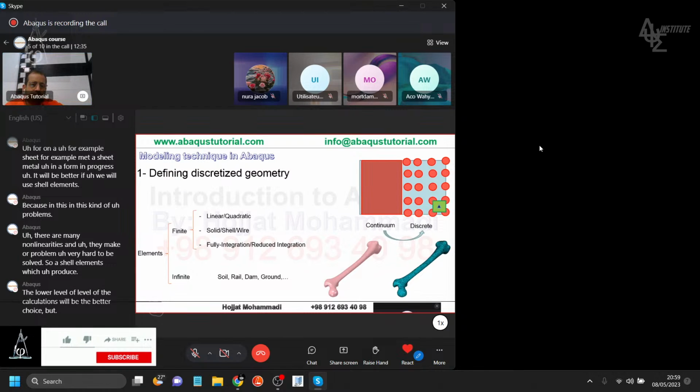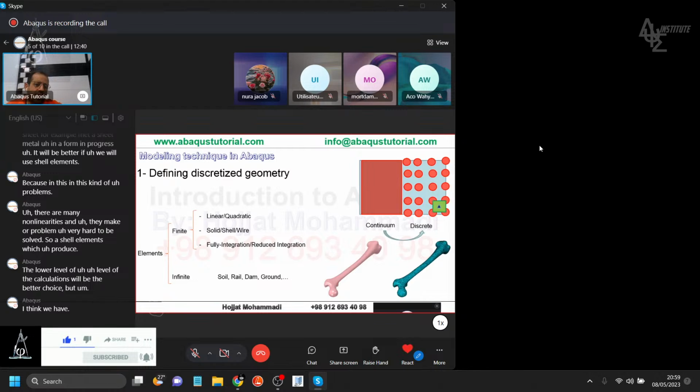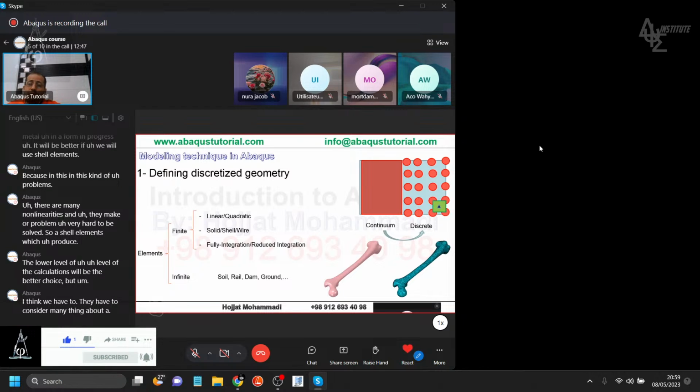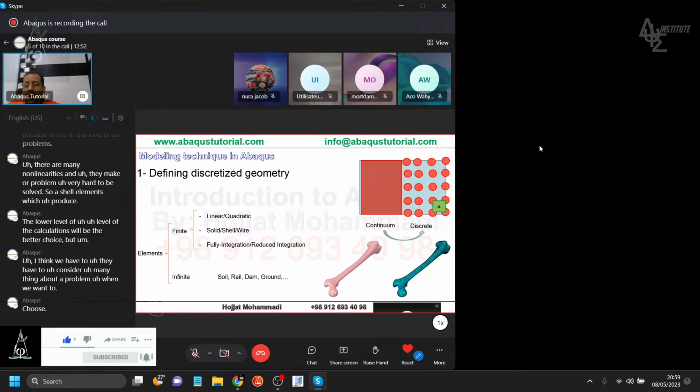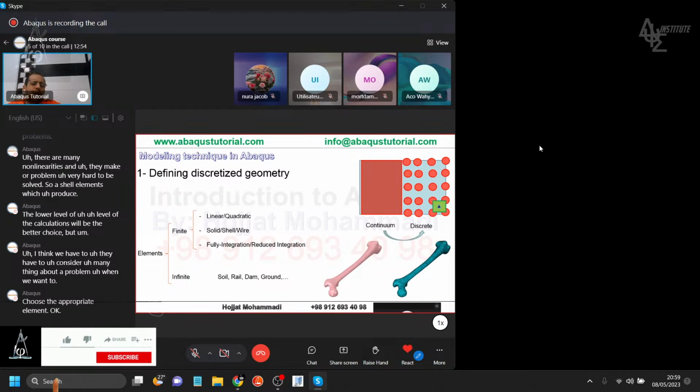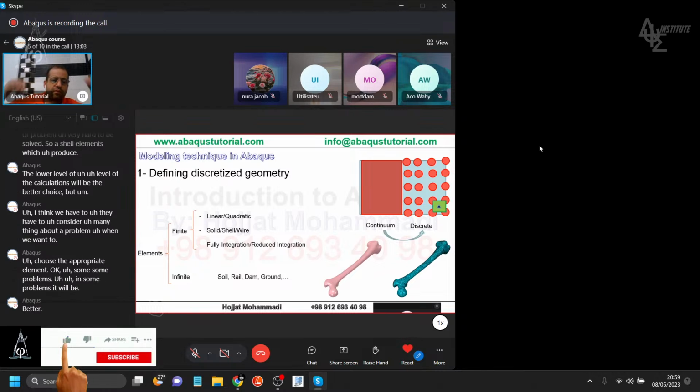But I think we have to consider many things about a problem when we want to choose the appropriate element. In some problems, it will be better if we use shell or wire elements.